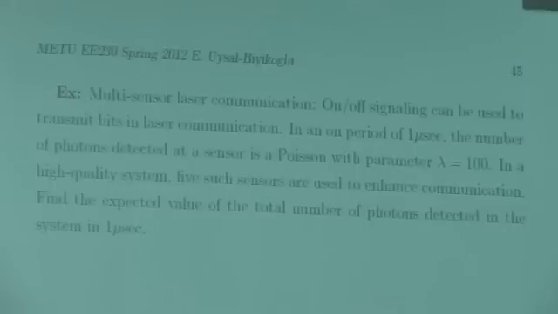It's usually modeled as a random variable, and in fact the Poisson distribution is a very good model for the number of photons recorded when a laser is operated for a certain fixed amount of time. In this case, it's a Poisson with parameter 100. What does this mean? We expect on average to record 100 photons, but we may actually record 200 or 0 or 50. These are all possible.